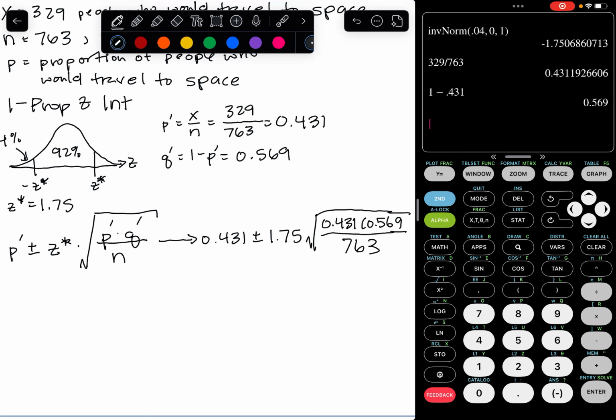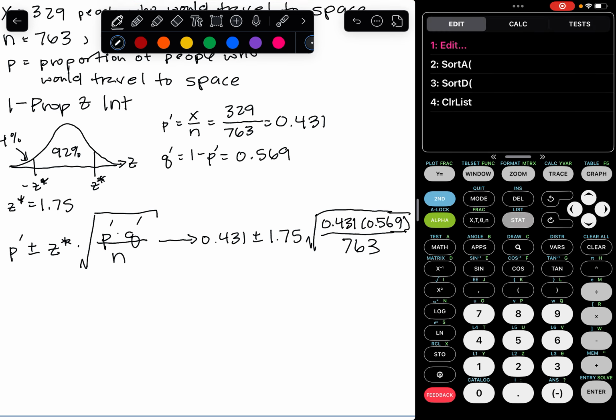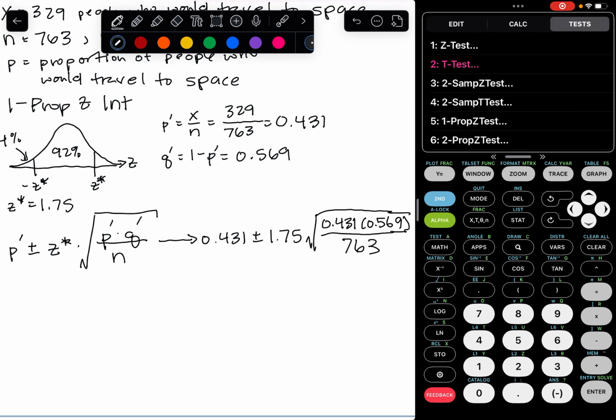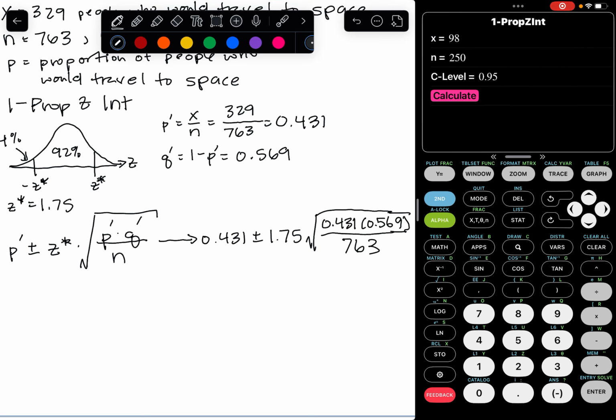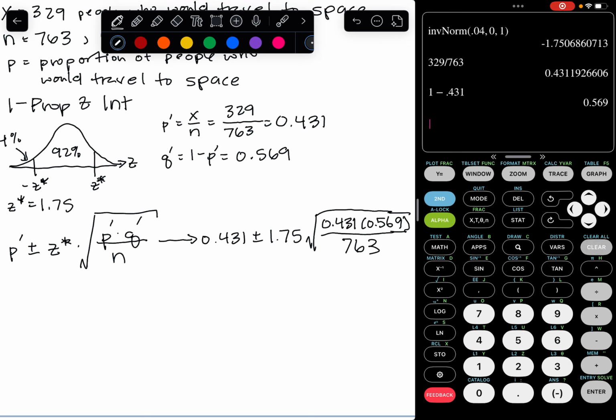And of course, we do not want to do that by hand, so we go stat tests all the way down to 1 prop z int, and we input our values. Sorry, my calculator is not cooperating today.